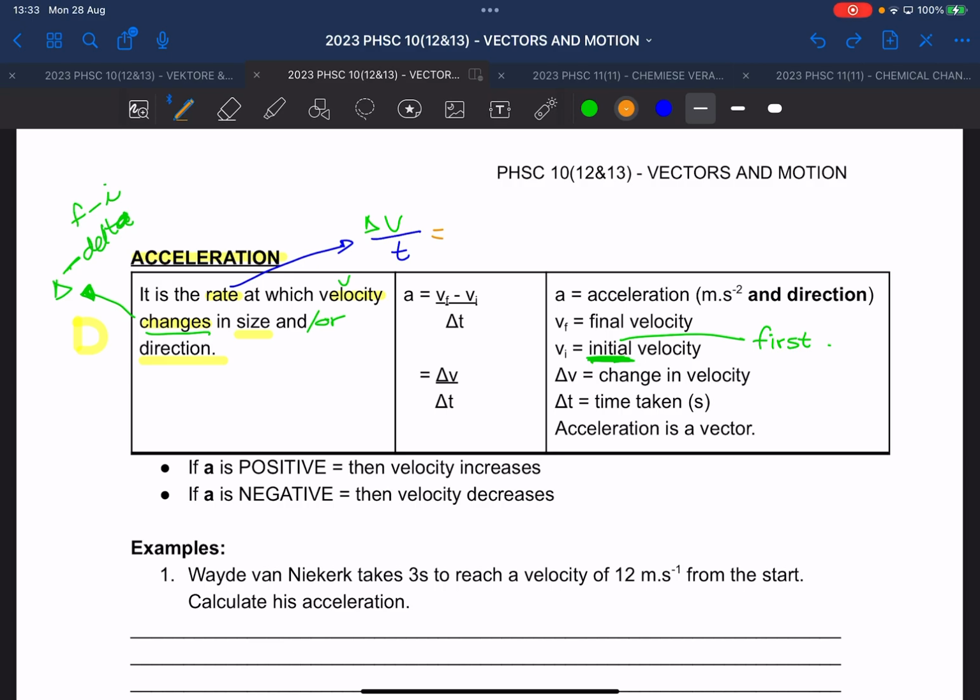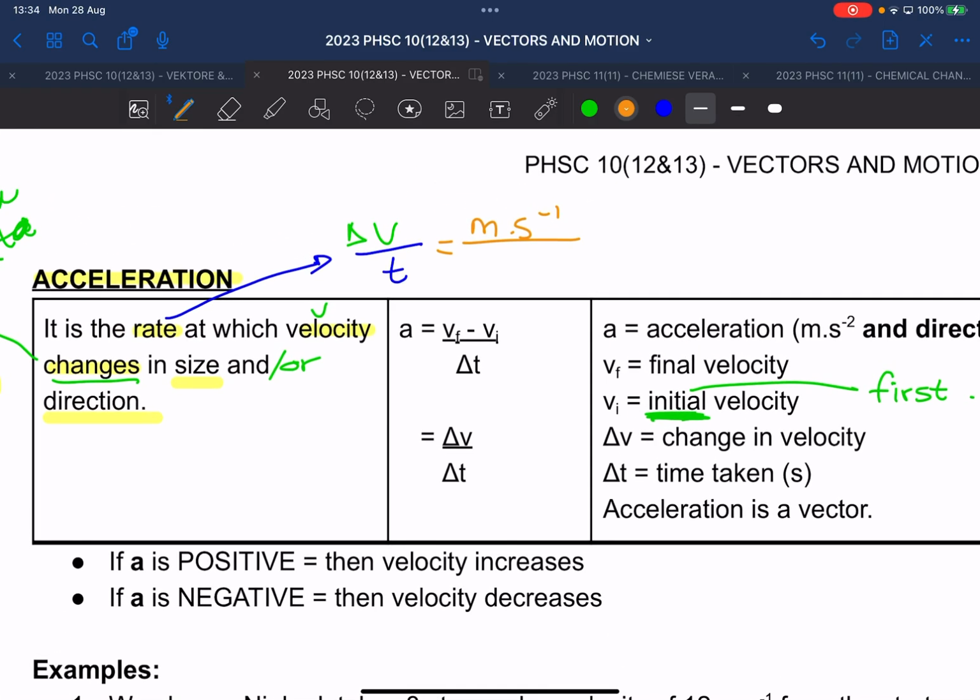The unit for velocity? Meters per second. And the unit for time? Seconds.